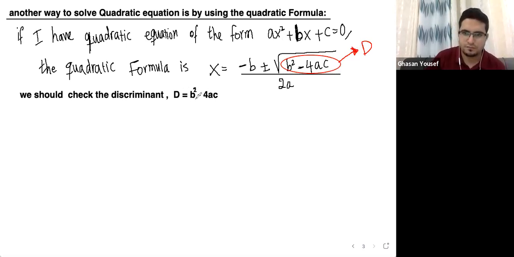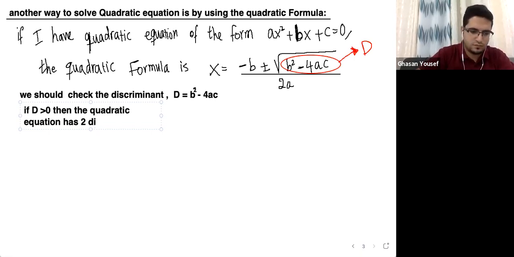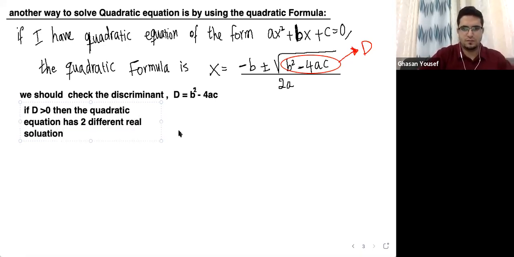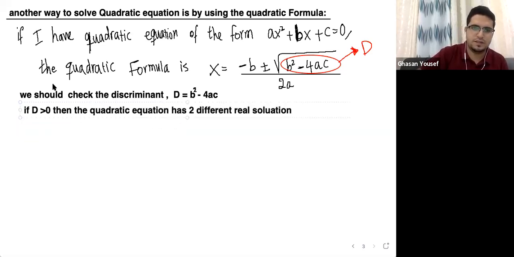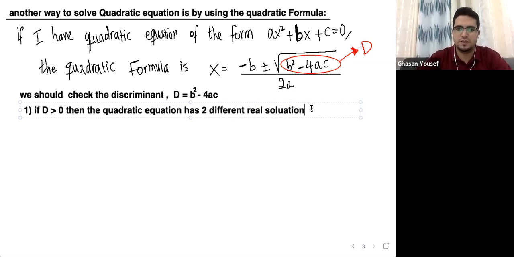This D has 3 important cases. Number one, if this D is positive, greater than 0, then the quadratic equation has two different real solutions.